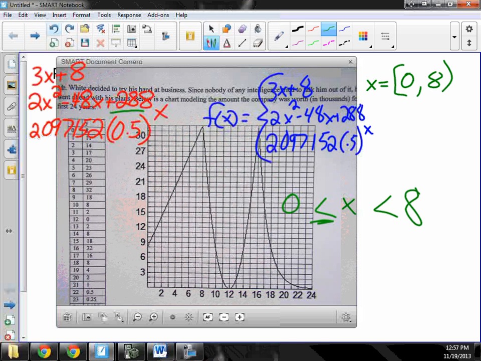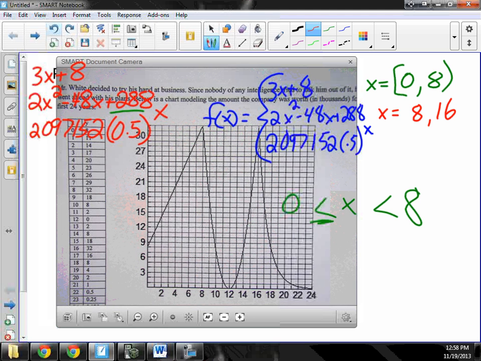Okay, so when is the quadratic equation valid? When does it start? At 8. When does it end? At 16. Do we include 8? We have to. How come?